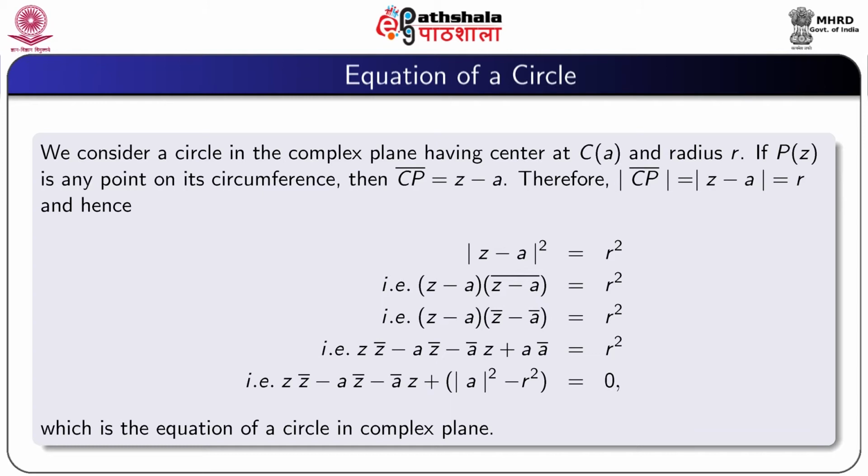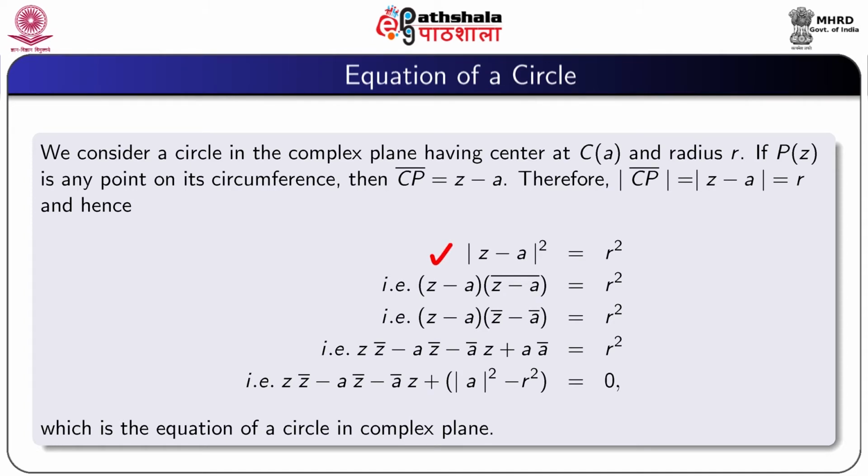If P having coordinate z is any point on its circumference, then obviously length of CP is equal to modulus of z minus a. Therefore, we obtain modulus CP, that is equal to modulus of (z minus a), and that is equal to r, and therefore, mod (z minus a) square is equal to r square.